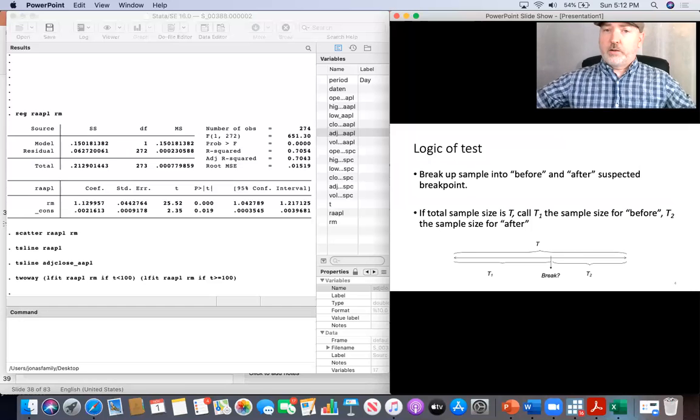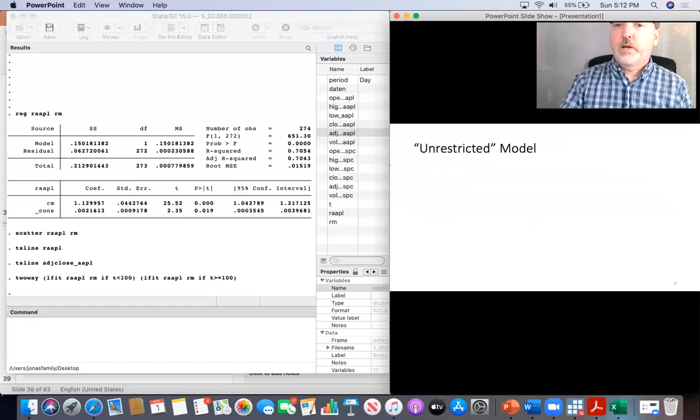The full sample over T observations is not taking into consideration a potential break. And then we have a pre-break sample that we'll call the T1 observations up to the break, and then some number of observations after the break, T2. So again, 3 subsamples that we want to use in this comparison: the before, the after, and the full regression.